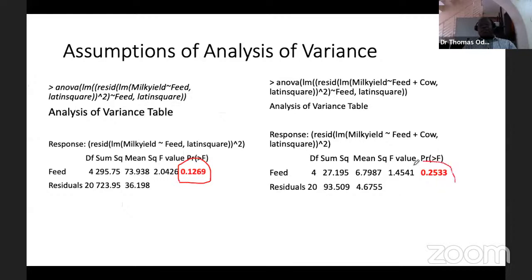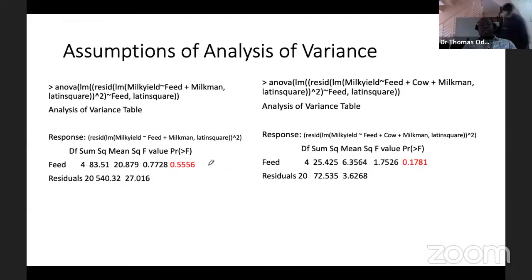Here we also see no significant difference. So the variance seems to be homogeneous in all our models. But you have to be very careful with these tests, because sometimes they can be very misleading.